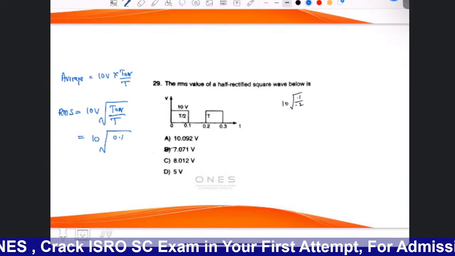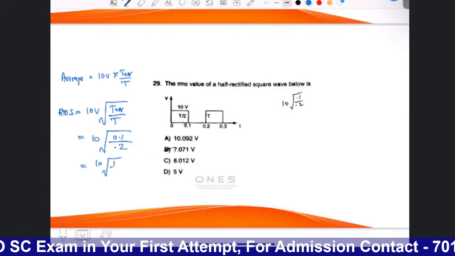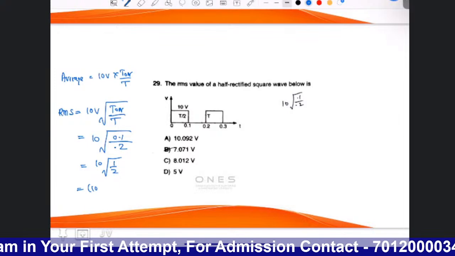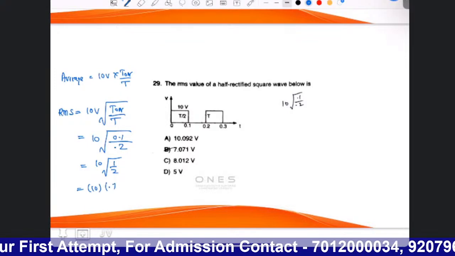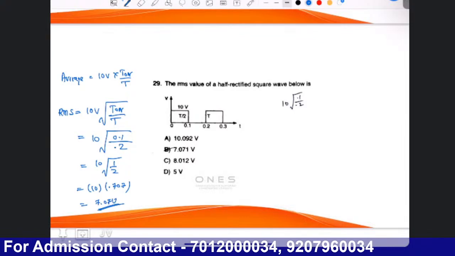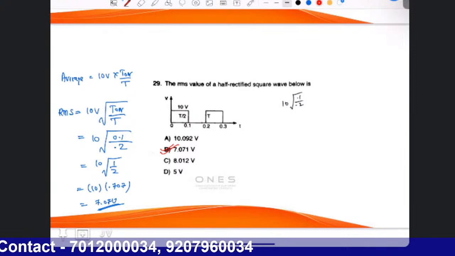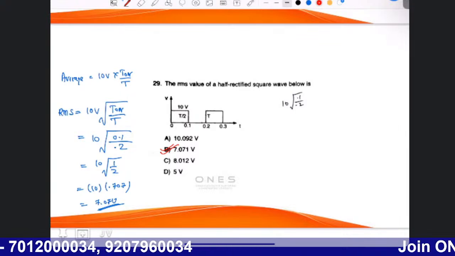T on is 0.1 and T is 0.2. So it will be 10 into 1 by 2 under the root, so 10 into 1 by root 2, which is 0.707. So it will be 7.07 volt. So the correct option is option B, 7.07 volt.